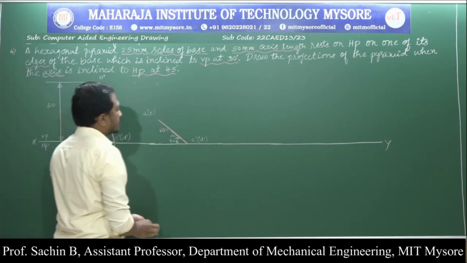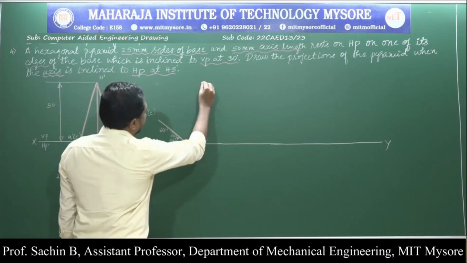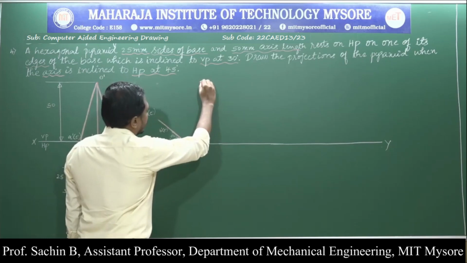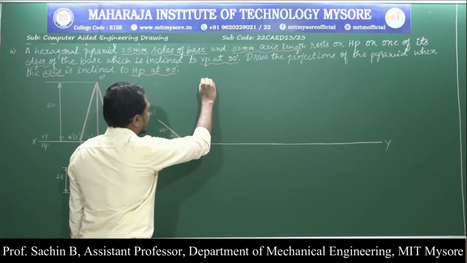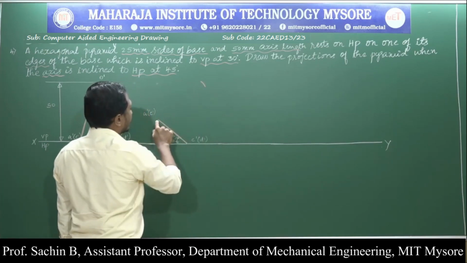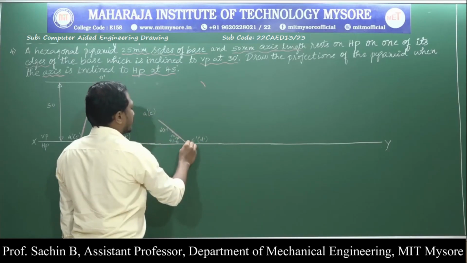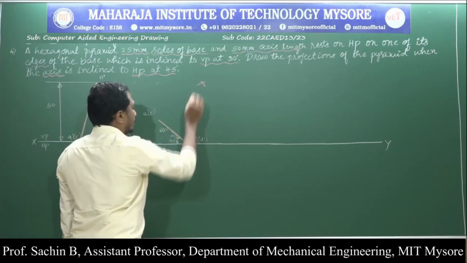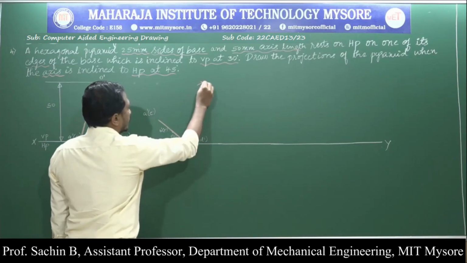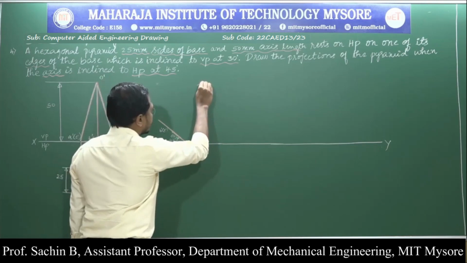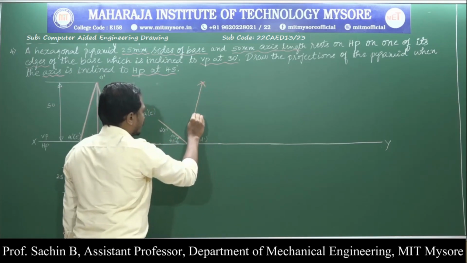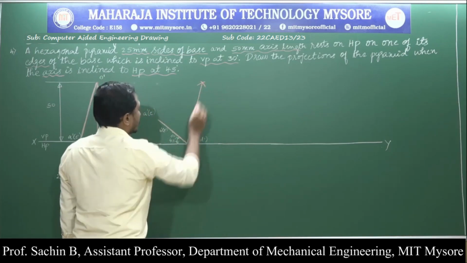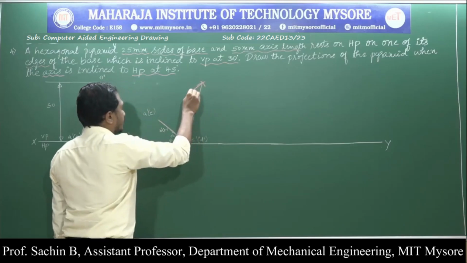I will come to A dash point. After measuring with the compass, I am going to cut an arc from A dash to O dash, and one more arc from C dash to O dash. Now I will go for joining this. Again I am going to join this slant edge.